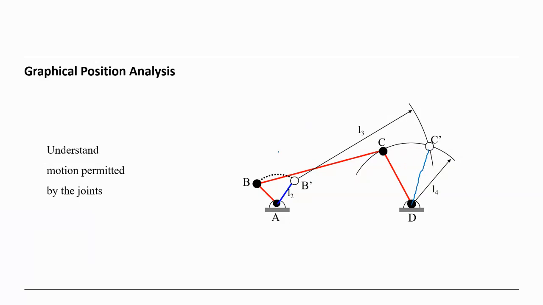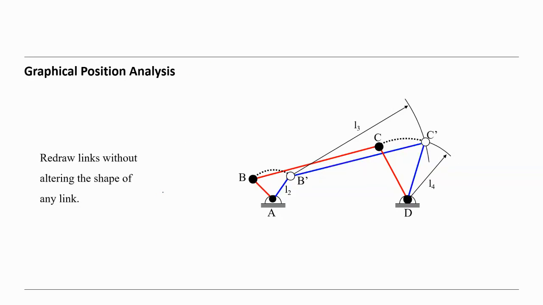So this is the new position. Okay, this is the new position, graphical position analysis.